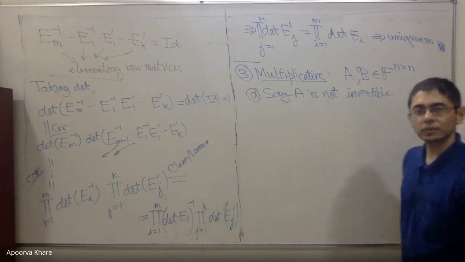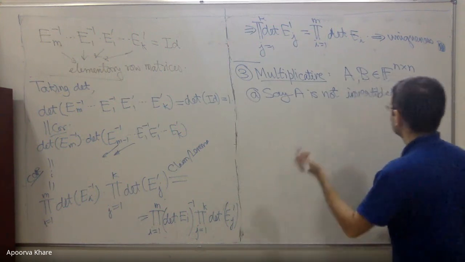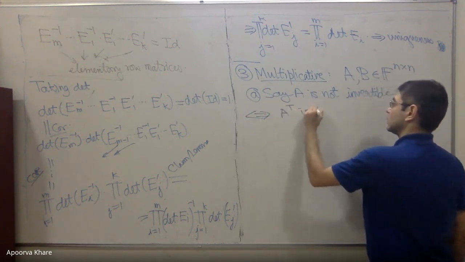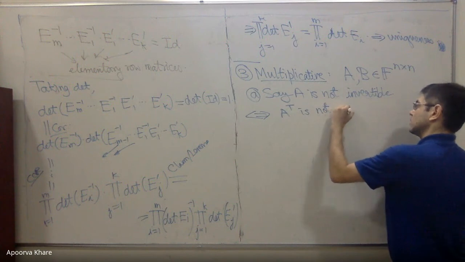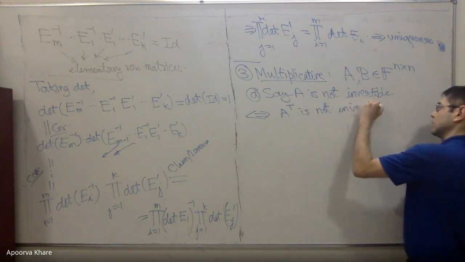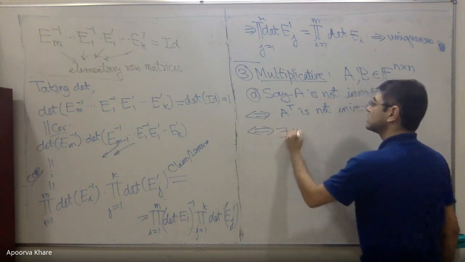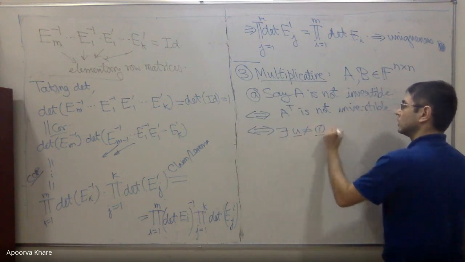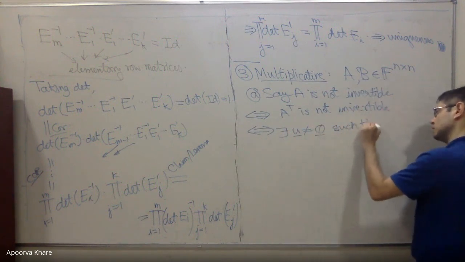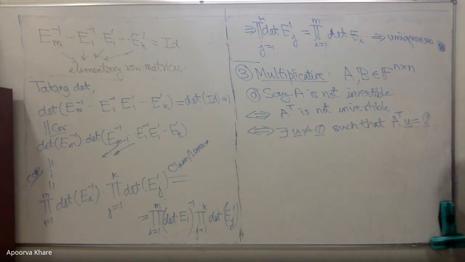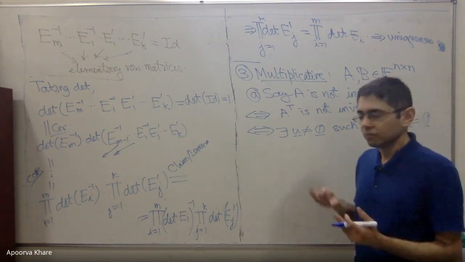If A is not invertible, then A transpose is not invertible, which is the same as saying that there exists a non-zero vector U such that A transpose times U is 0. I'm using A transpose times U instead of A times U for a very simple reason.